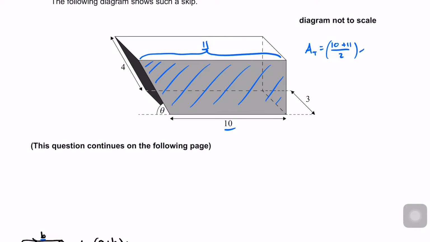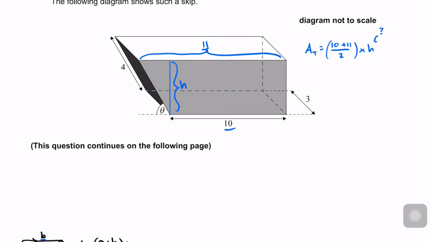We want to multiply this by the height. But the question is, what is the height? And this is probably why it's the final question on paper 2. The height in this case would be just this value right here. This would be our height. But what is the height in this case?